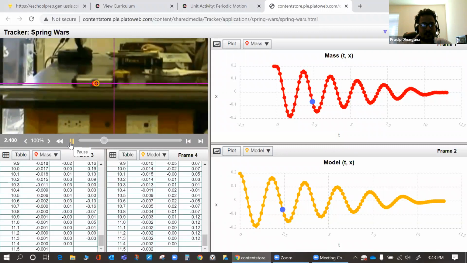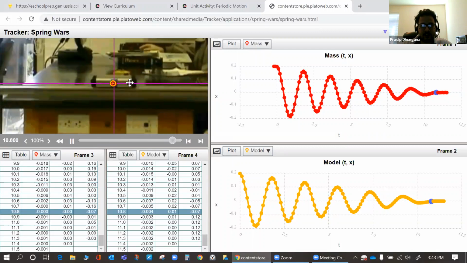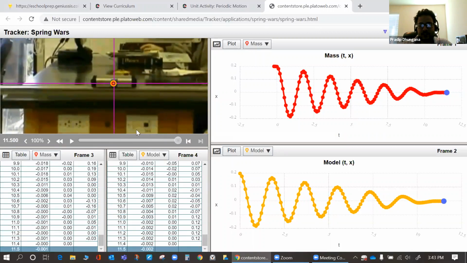So we can see that in the beginning, our model coincides with the exact model. And then after certain time, our model leads a little bit to the actual model, or actual model lags behind our model. Okay, it's a little bit behind.